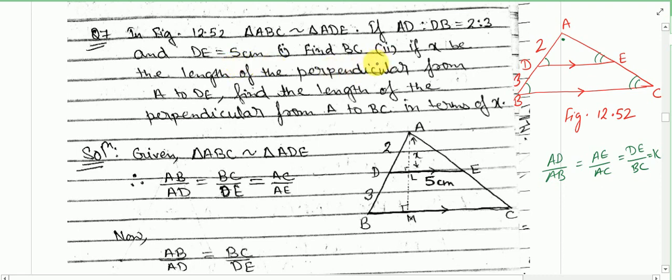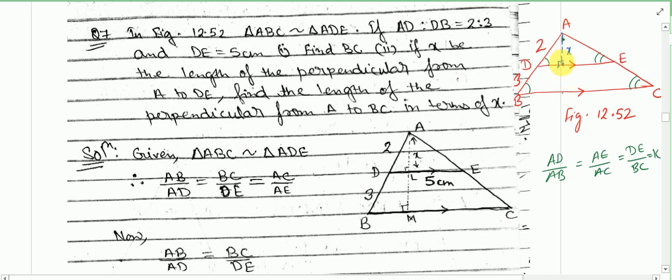Firstly we have to find BC, and then if X is the length of the perpendicular from A to DE, it means that if you drop a perpendicular on DE from here, this length will be X. So they want to know the length from here till here.